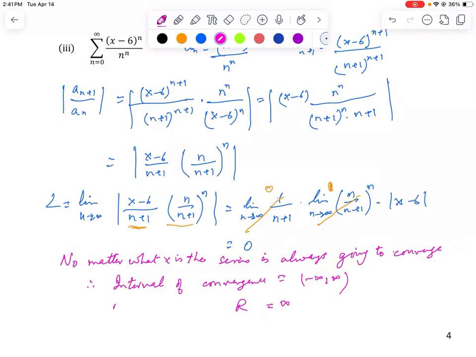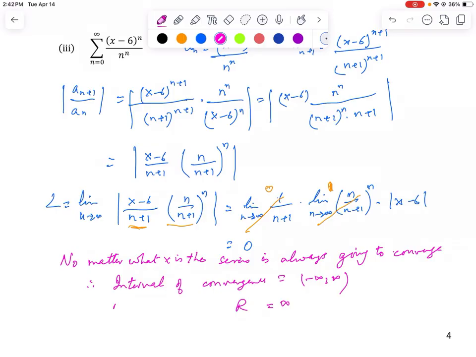So you saw an example where the whole real number line is the interval of convergence, and r is infinity in that case. And then we saw another example, the previous one, in which only a single point was the interval of convergence and r was 0.